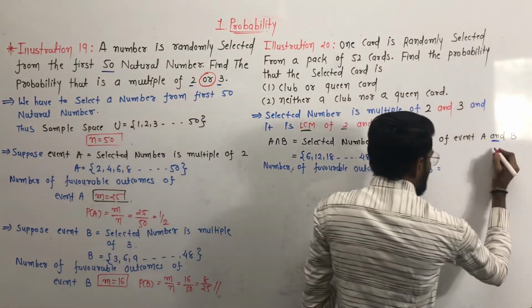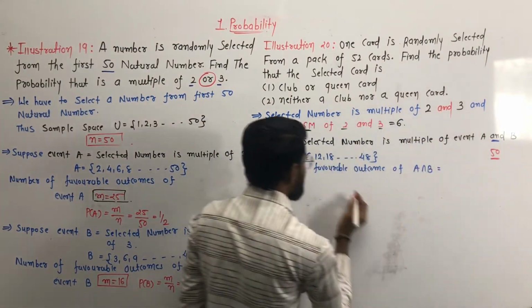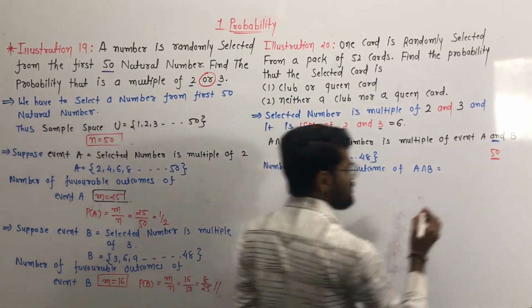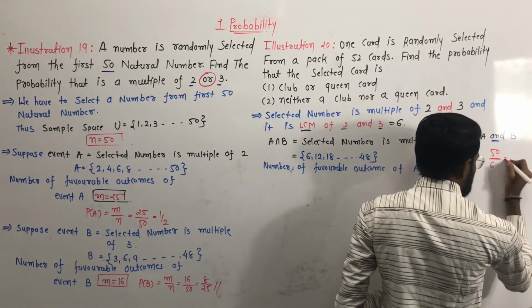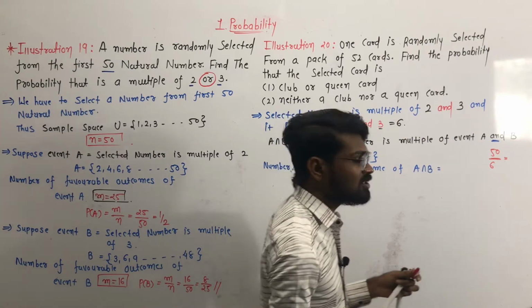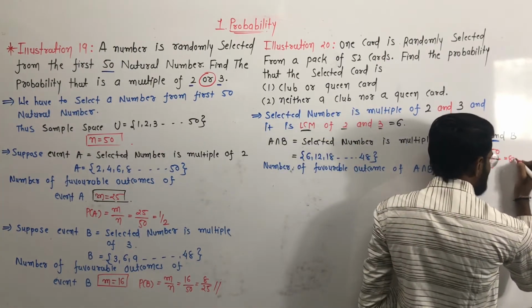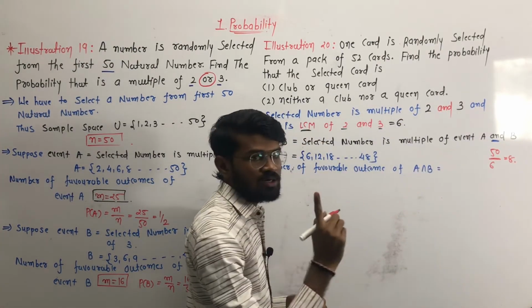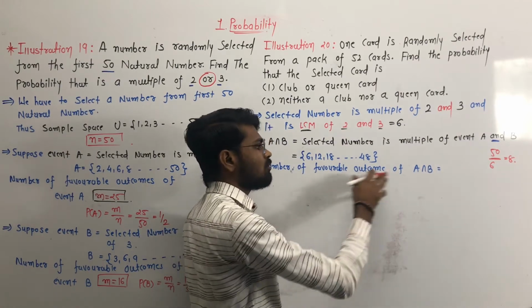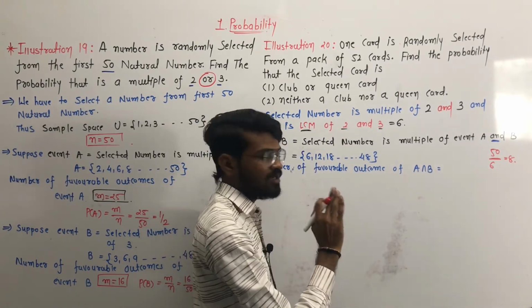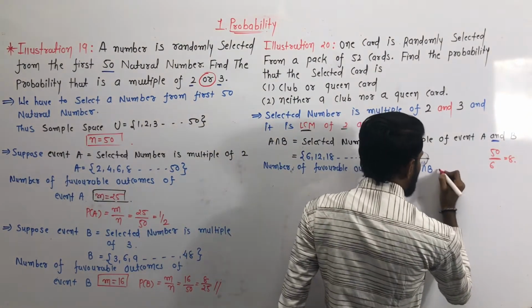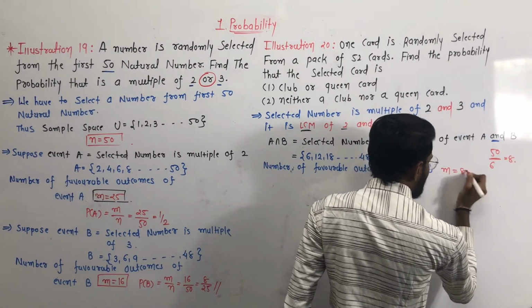There are total 50 numbers. Yes, and the number is multiple of 6, means 50 upon 6. Yes, so 8 multiplied by 6 is equal to 48. So the answer is 8 something. Yes, so our number of favorable outcomes of the event intersection of event A and B is equal to M is equal to 8.